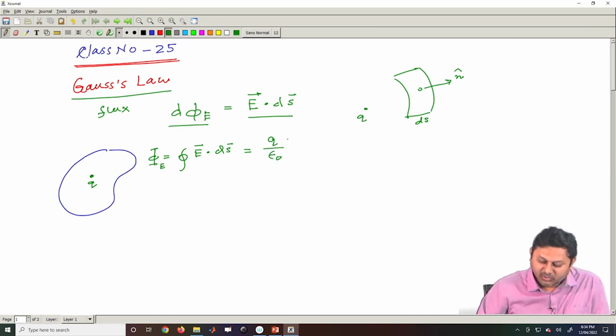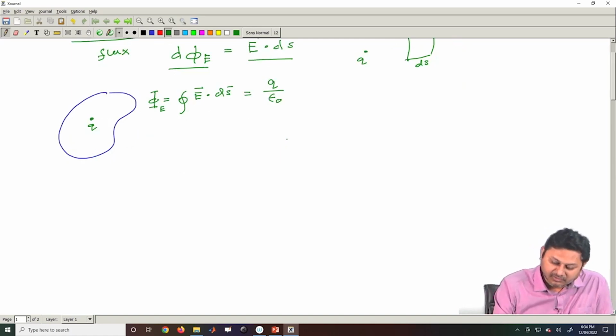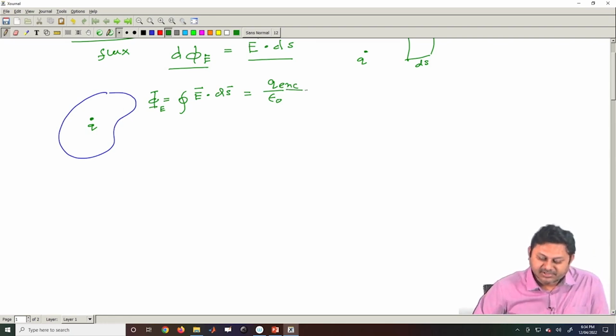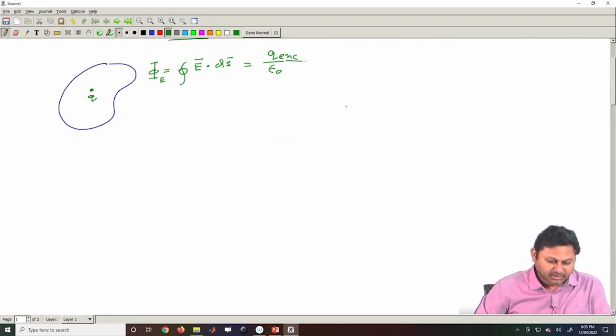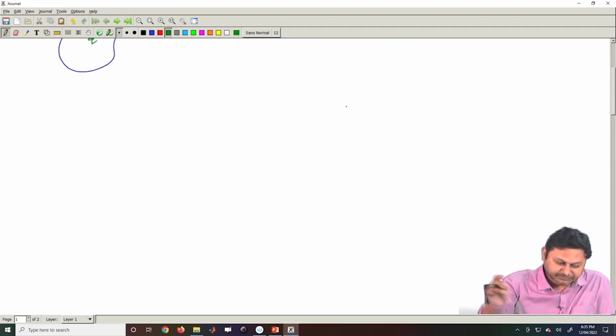And since the surface is enclosing the given volume and q is inside this volume, I should write it as q enclosed. Okay. So, the natural extension of Gauss's law is for scattered charges.